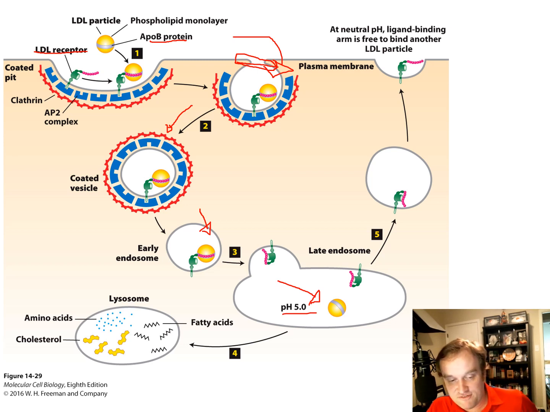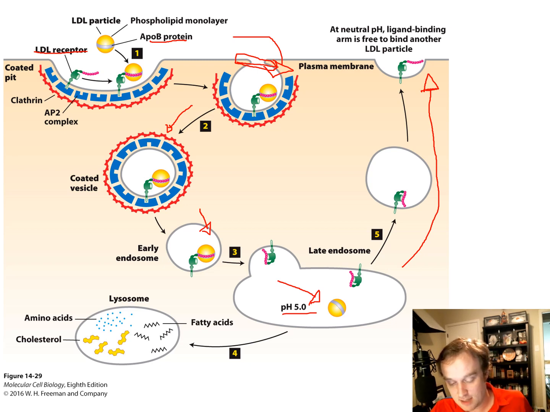In step 5, the LDL receptor is recycled to the cell surface. So this is same story, but different trafficking. So why reinvent the wheel if it works for trafficking to the lysosome? So we're going to save that LDL receptor back to the cell surface.